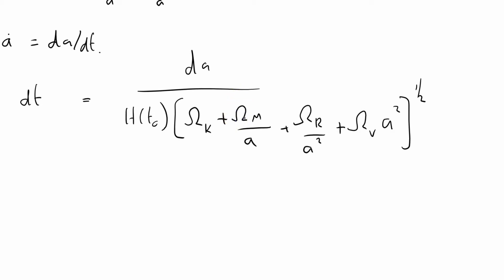Now what you really want is an analytical solution for this, but it's only just integrable analytically. You've effectively got a fourth order polynomial here, because you've got a positive two power and a negative two power.